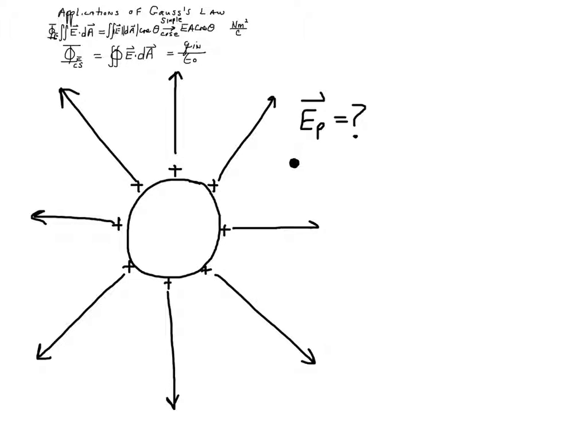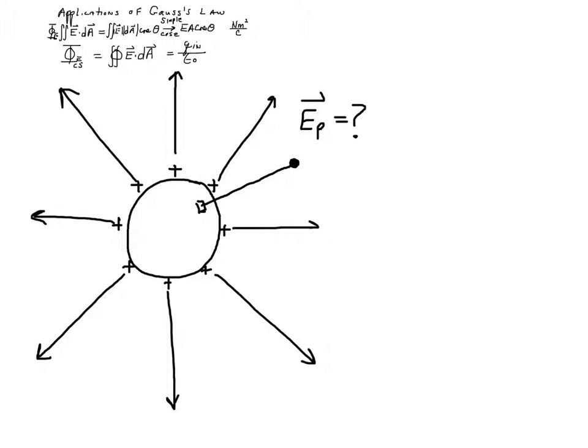we would have to cut this up into a lot of little dq's. Take a little piece that would have a certain charge, and then we would have to integrate all the little charges over the whole surface. So here's a little dq, and here's the distance from the field point to the dq.